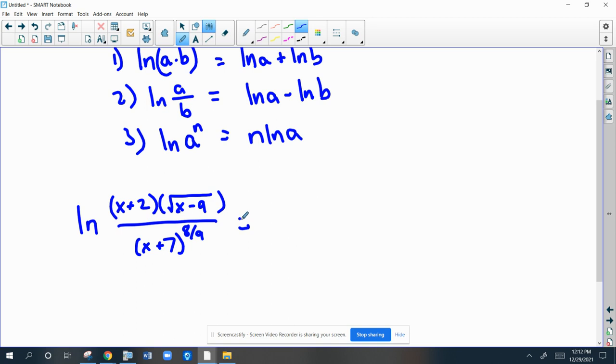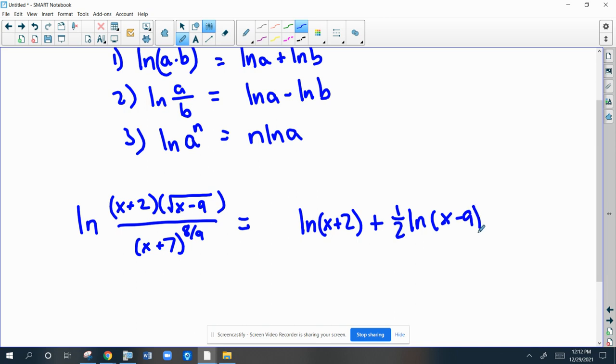Basically, when you expand this, everything up top is going to be positive. So we have the natural log of x plus 2, plus the natural log of the root of x minus 9, but the exponent on that x minus 9 is 1/2. So it's just plus 1/2, bring it down right away, natural log of x minus 9.